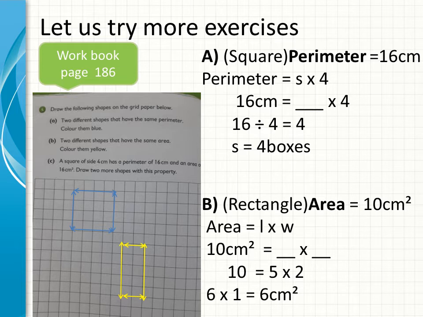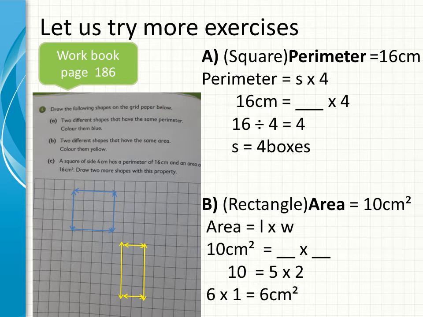So that means we can have 1 box on the length and 10 boxes on the width. Or 2 boxes on the length and 5 boxes on the width. Or you can choose to have 5 boxes on the length and 2 boxes on the width.